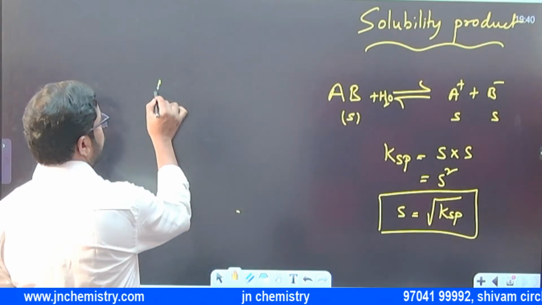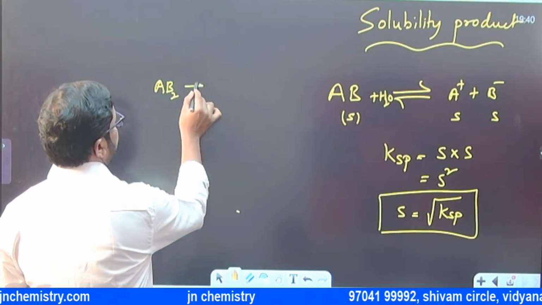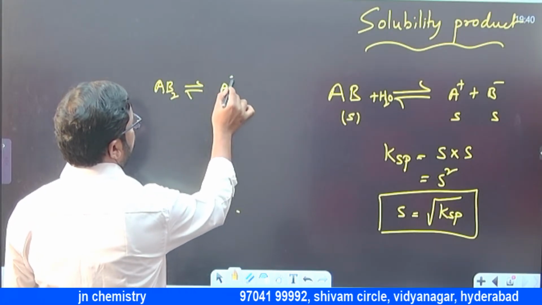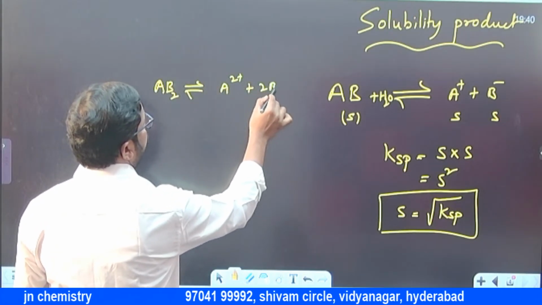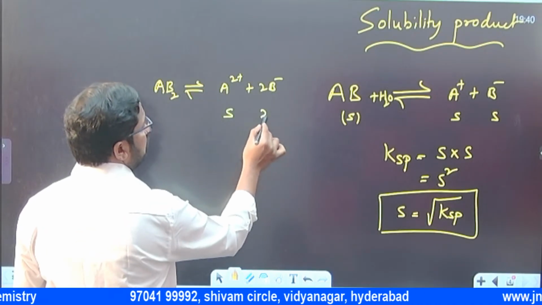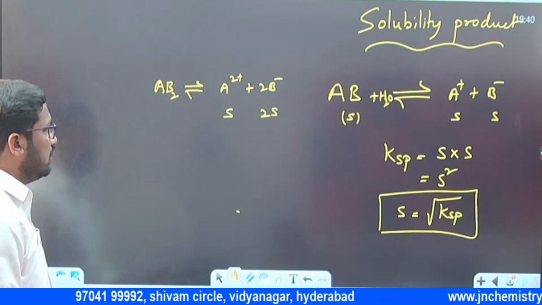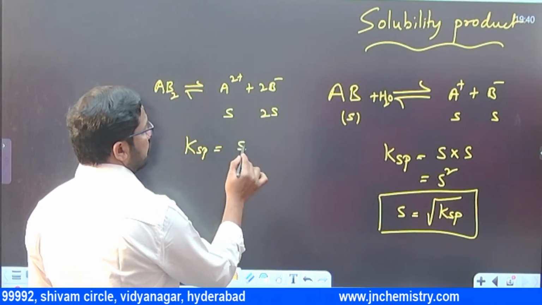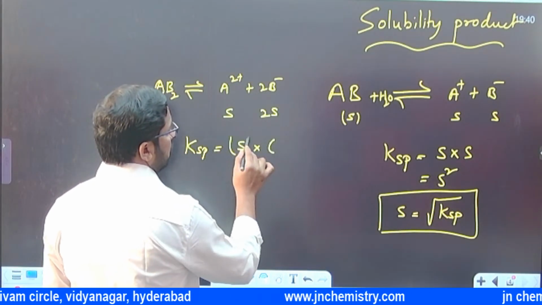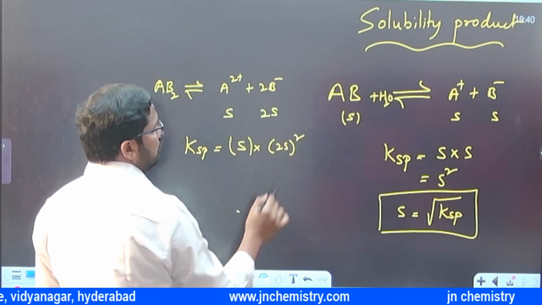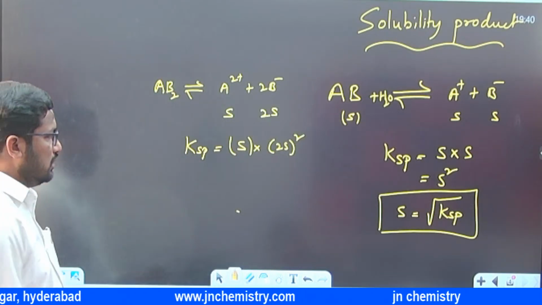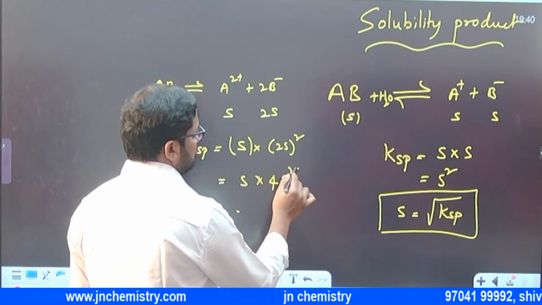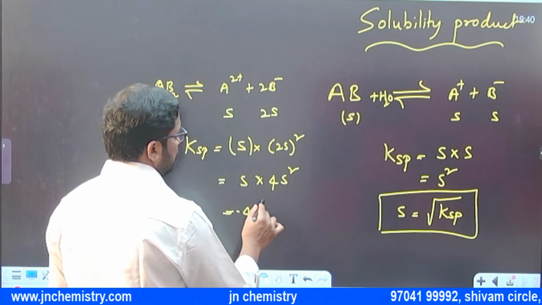Imagine AB2. A2 plus and 2B minus, which is nothing but S and 2S. What is Ksp? Ksp is equal to S into 2S whole square, that is S into 4S square, nothing but 4S cube.